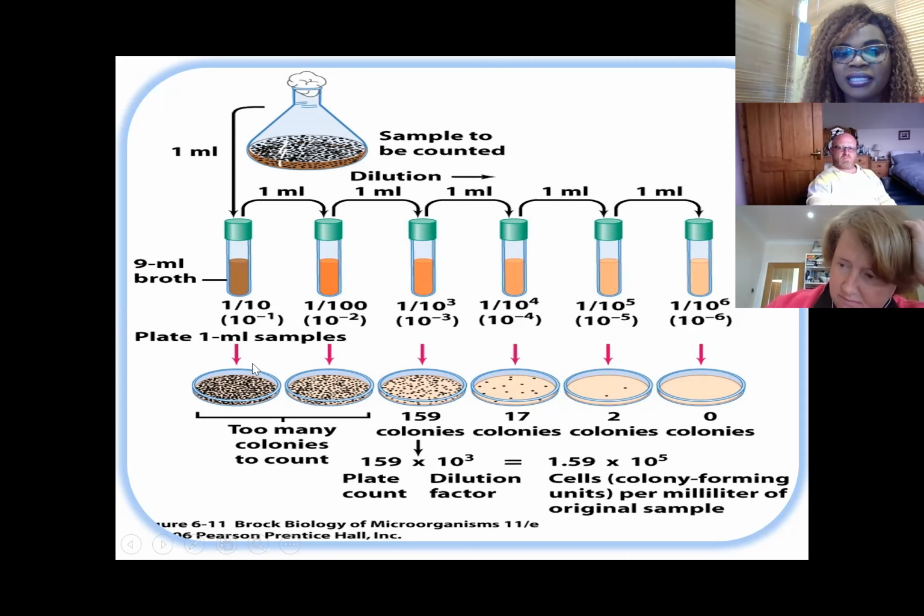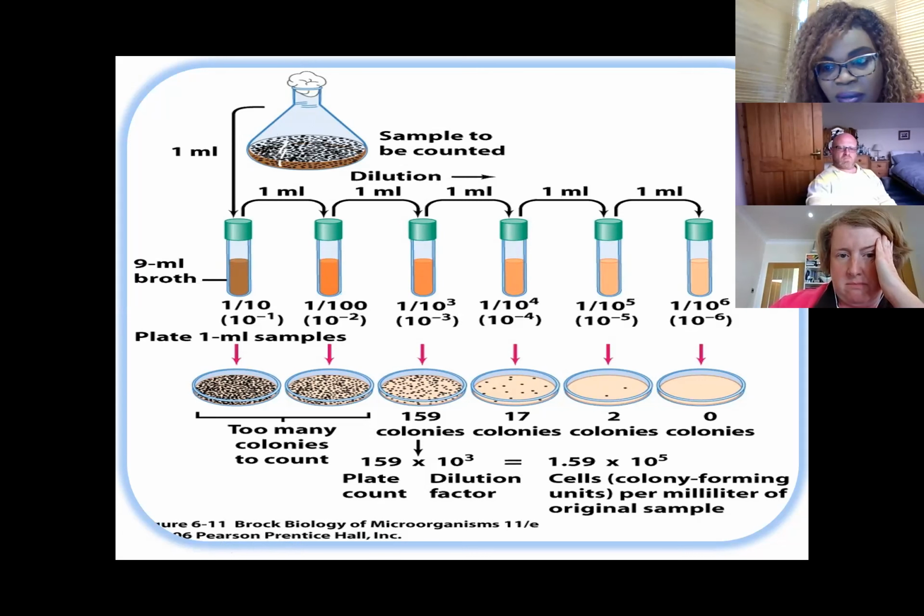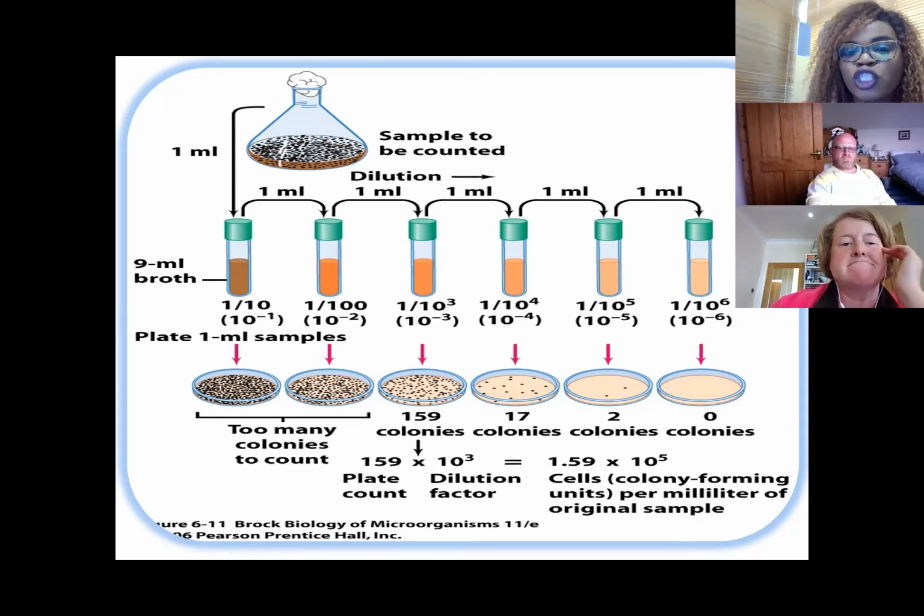Assuming we plated, in this case now, I plated 1 mil. Don't forget, in the last one, I plated 1/10 of a mil. So you need to be careful. Check what did you plate. If it's 1/10, multiply by 10. If it's not 1/10, just multiply by the dilution factor.